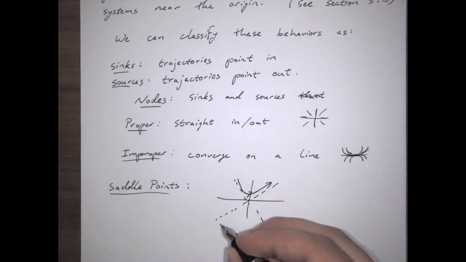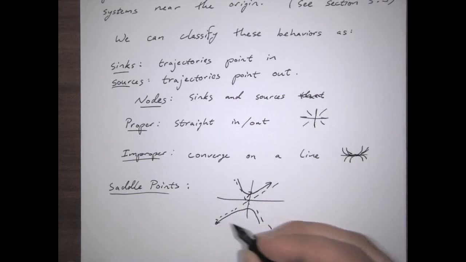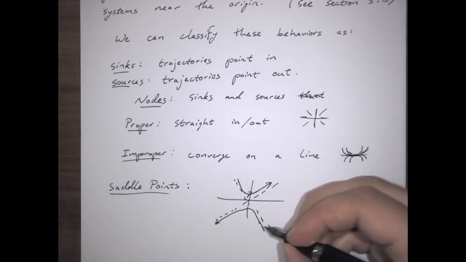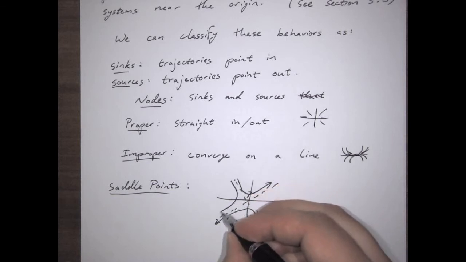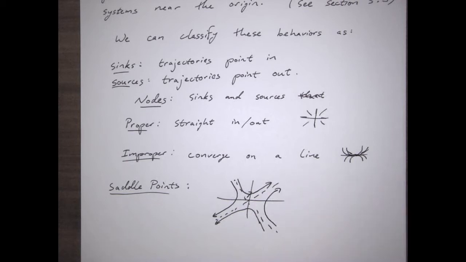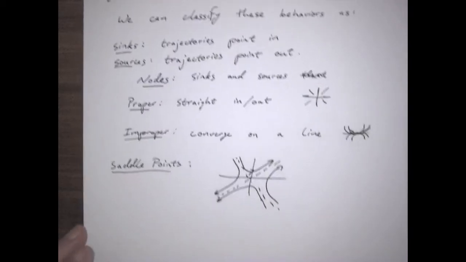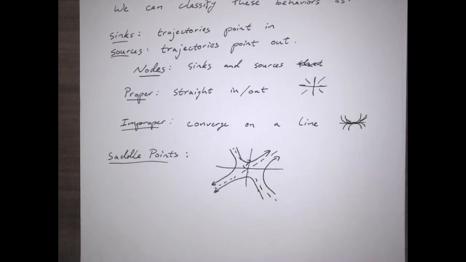This corresponds, as you recall, to there being two real eigenvalues, one positive and one negative. The negative one is the one that it comes in along, and the positive one is the one it goes out along.